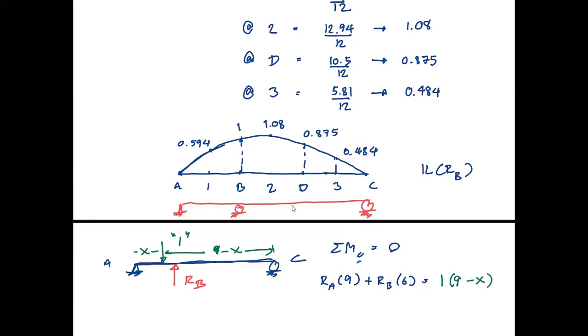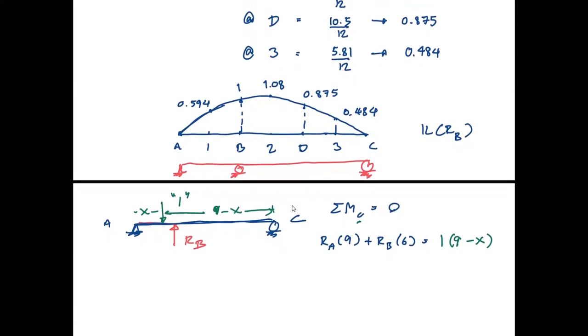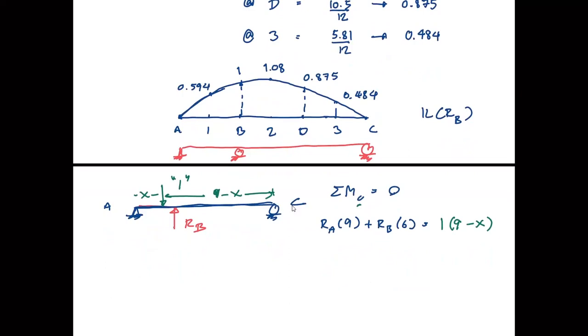Let me try to finish this first. You can shuffle this a little bit. RA is going to be equal to 1/9 multiplied by this, 9 minus x.